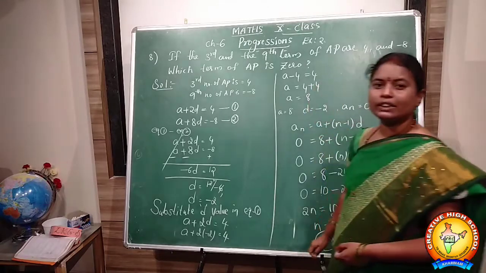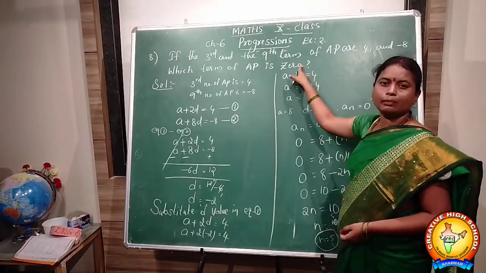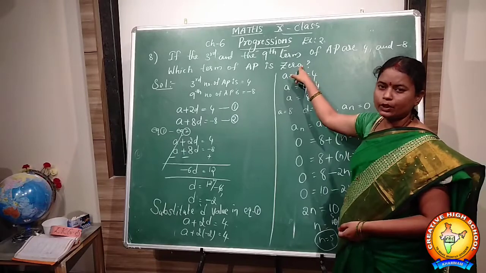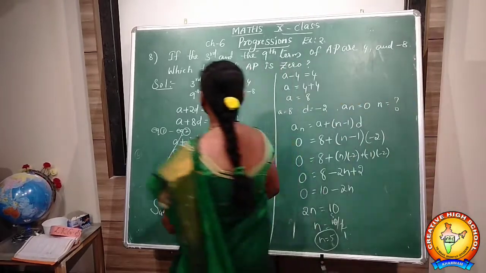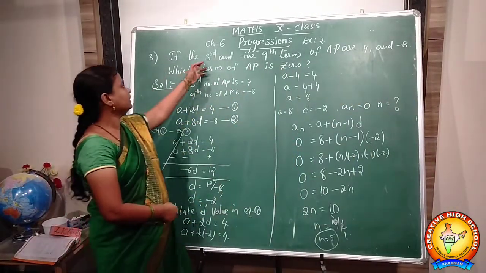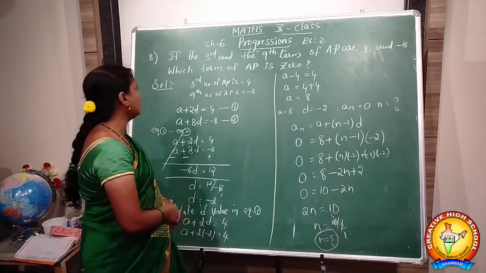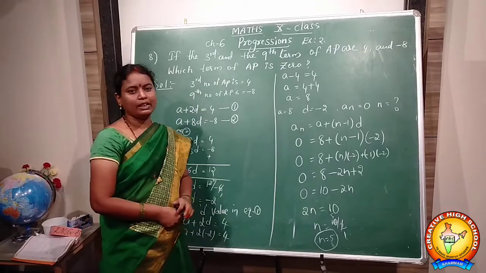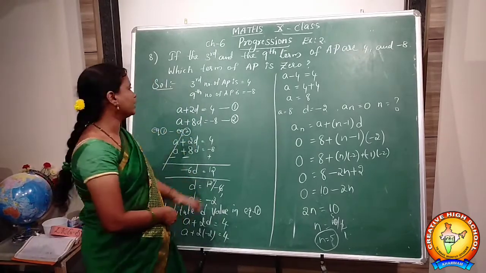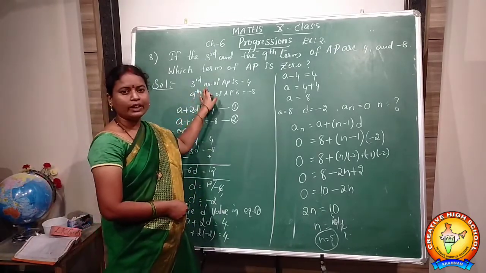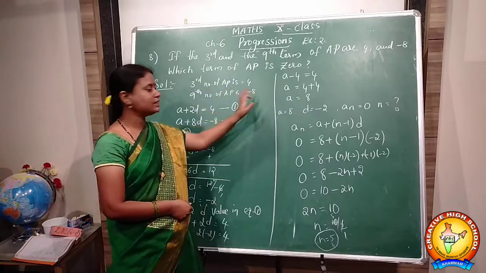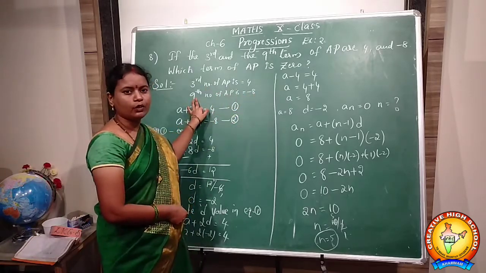So, the fifth term of this AP series will become 0. Do you understand? See here once again. If the third and ninth terms of the AP are 4 and minus 8, that is given in the question, which term of the AP is 0, that we are going to find here. We know the formula to find the third term of the AP series, and also the formula to find the ninth term.